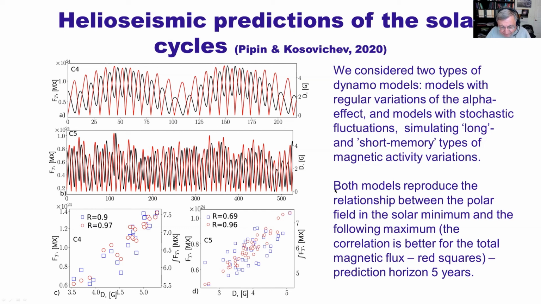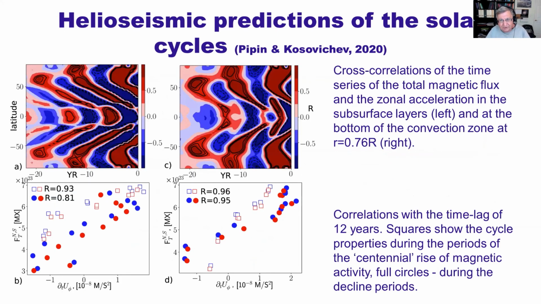They show that indeed the polar magnetic field measured at the previous solar minimum correlates with the following solar maximum. And here we show blue and red because of some difference between the strength of the toroidal magnetic field and the total magnetic flux. So better correlation is found for the total magnetic flux in this prediction. So if you want to predict a solar cycle, it's better to predict the total magnetic flux during the solar cycle, not exactly the maximum.